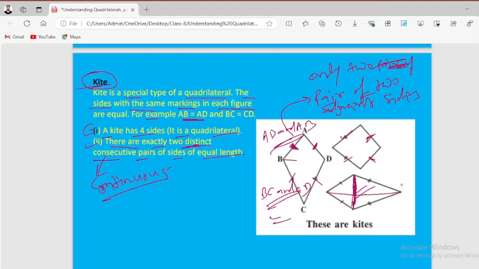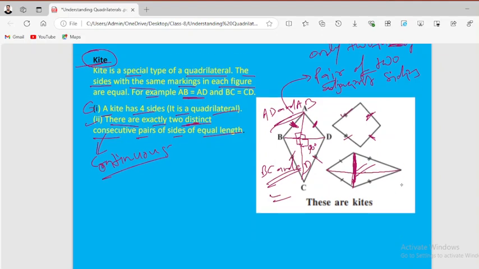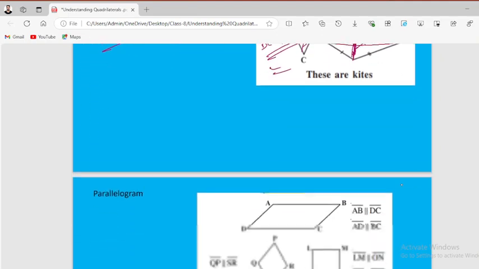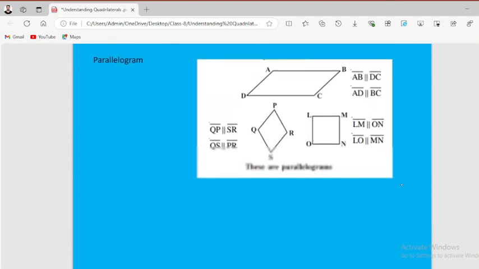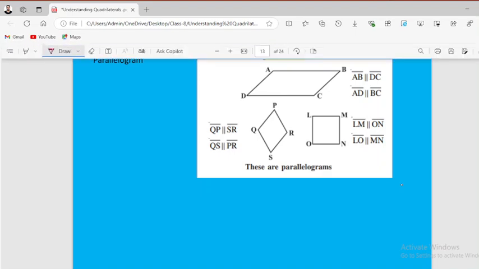This is diagonal BD and this is diagonal AC. So the angle between these two diagonals must be 90 degrees. So basically this is a kite.